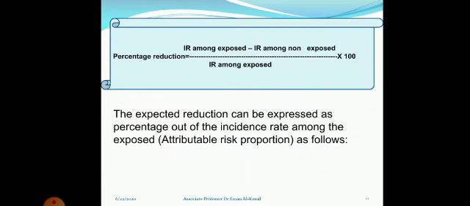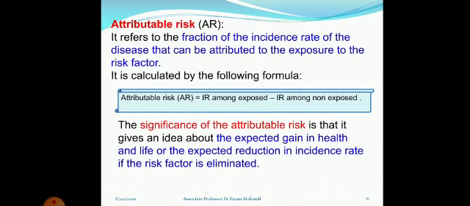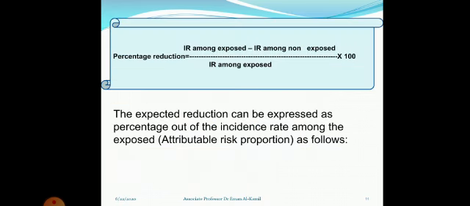As we mentioned, it is equal to the incidence rate among exposed minus the incidence rate among non-exposed. Another important thing is the percentage reduction, which is the attributable risk divided by the incidence rate among exposed, multiplied by 100.